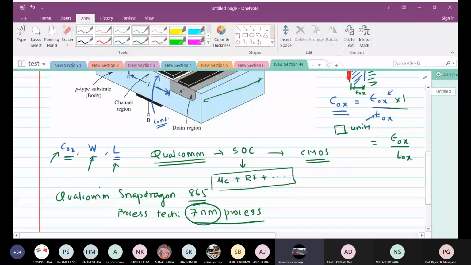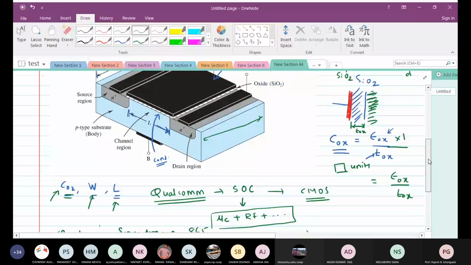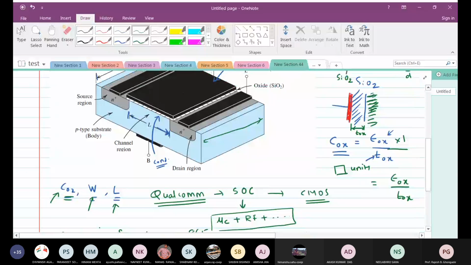This 7 nanometer actually is the L. So the manufacturing process employs devices which have this L as 7 nanometer, which is also called the feature length or feature size, also called the technology node. Please remember this.